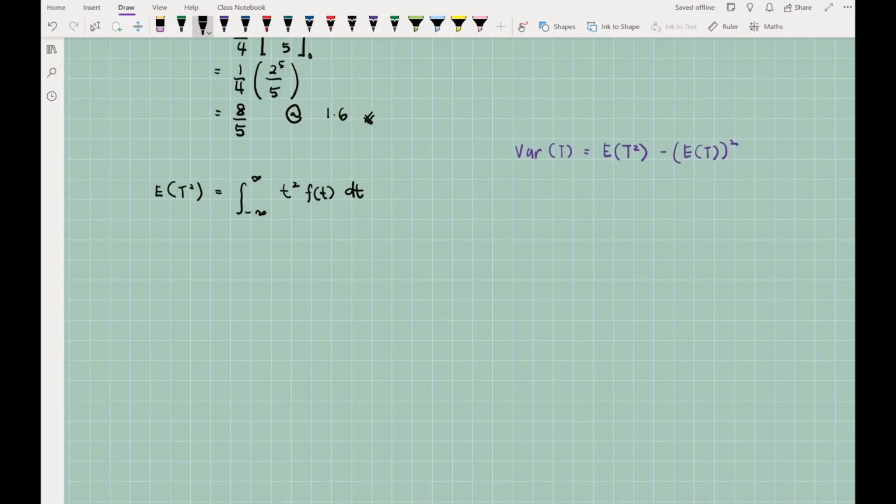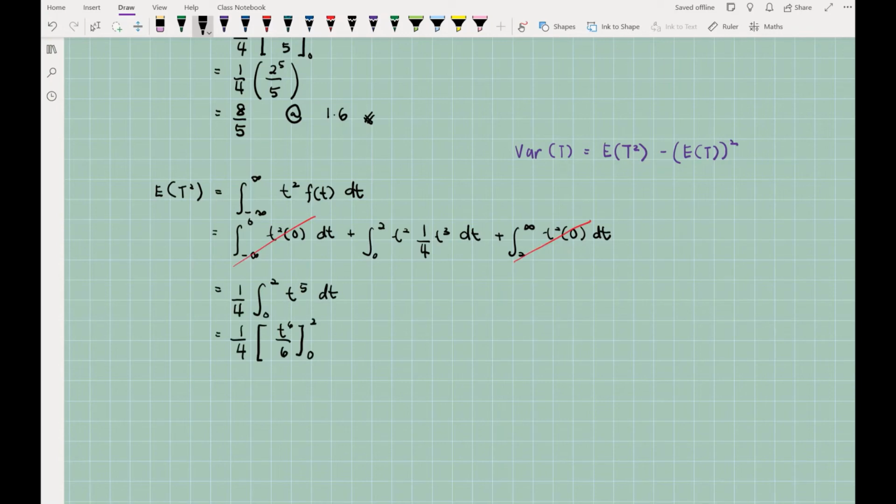So here again, just like earlier, we are going to have integral negative infinity to 0 of t square times 0 dt plus integral from 0 to 2 of t square times 1 over 4 t cube dt plus integral from 2 to infinity of t squared times 0 dt.